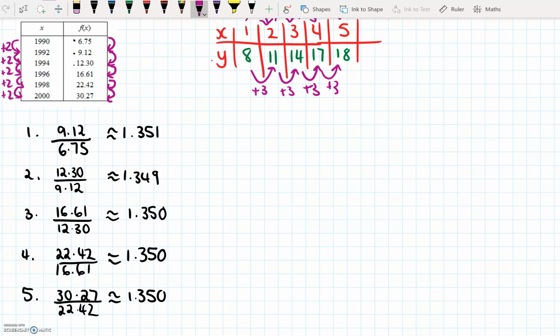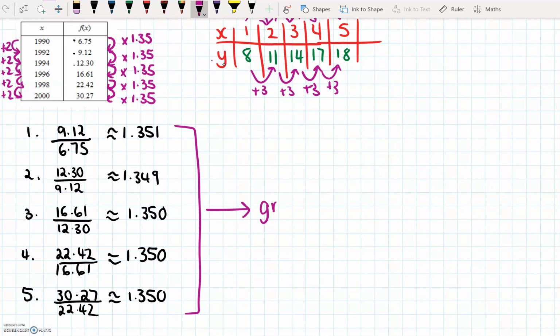So what you can see is this is pretty close to being the same change each time. But instead of being plus, this was times 1.35. We have times 1.35 each time. So this is what we call exponential growth. And in this case, what you have just calculated, this times 1.35, is our growth factor.